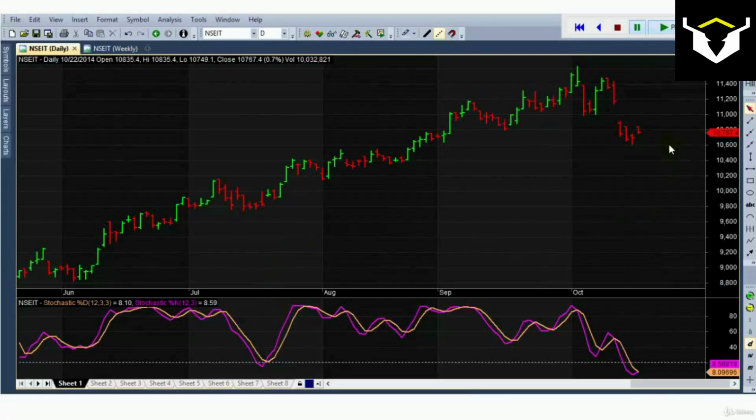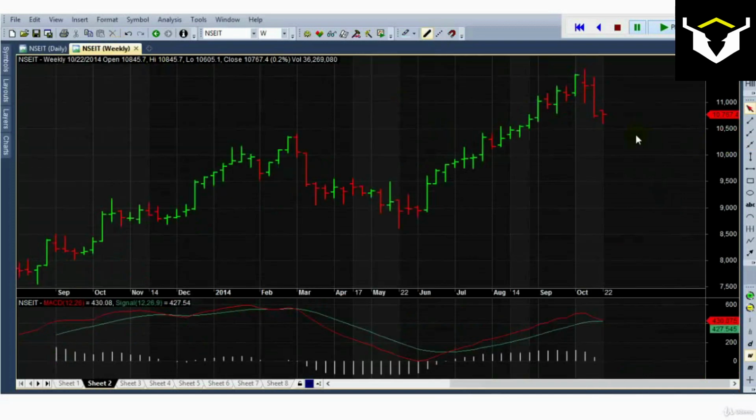Following is a daily chart of NSEIT, and as of the last bar, you can see the stochastic oscillator has reached the oversold zone, suggesting there is no more downward momentum in the daily chart. Let's go ahead and take a look at the weekly chart. So this is the weekly chart of the same script.